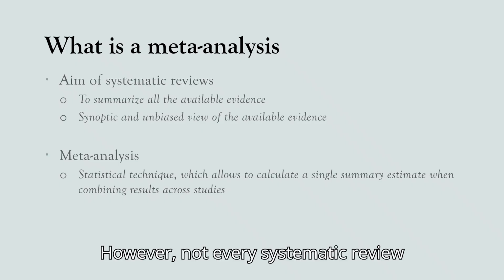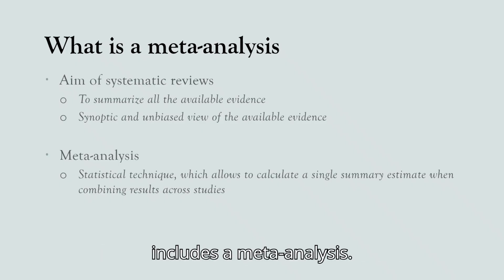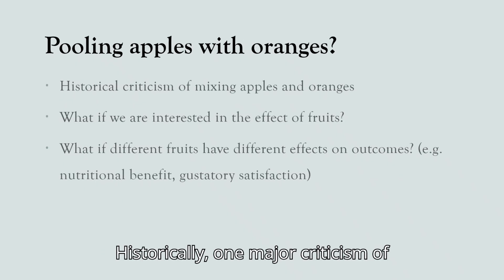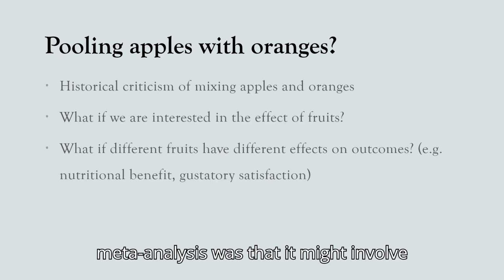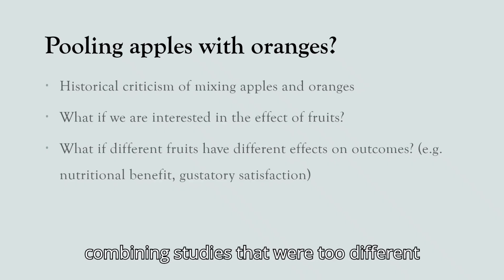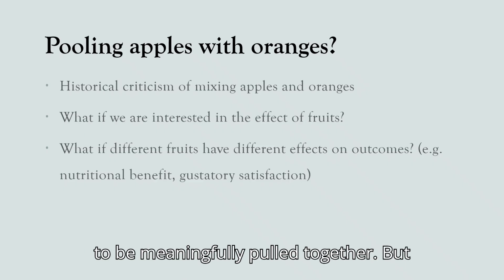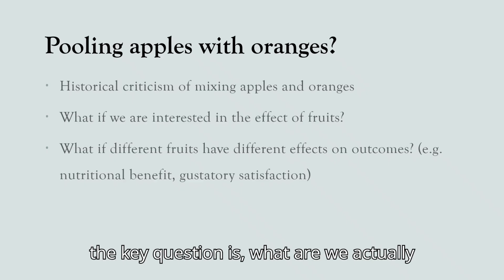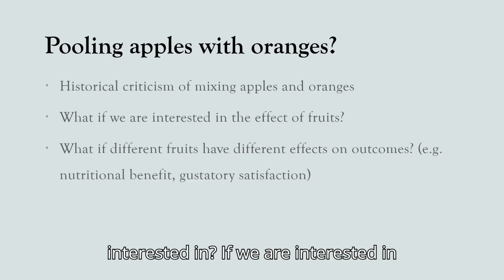However, not every systematic review includes a meta-analysis. Historically, one major criticism of meta-analysis was that it might involve mixing apples with oranges. In other words, people worried that we were combining studies that were too different to be meaningfully pooled together. But the key question is, what are we actually interested in?